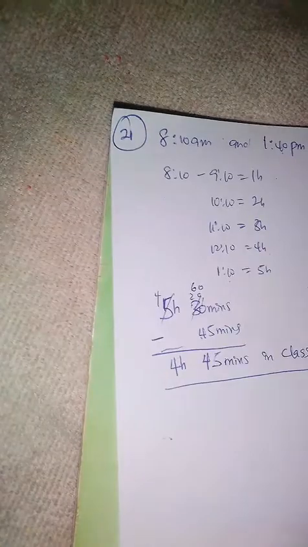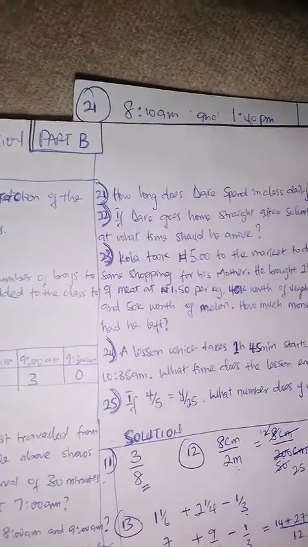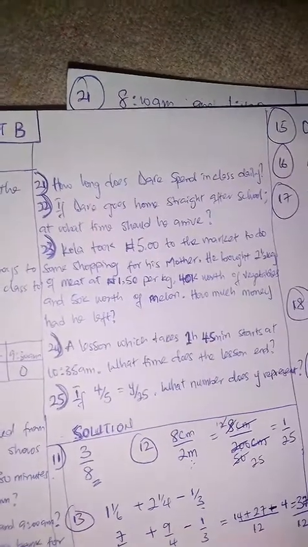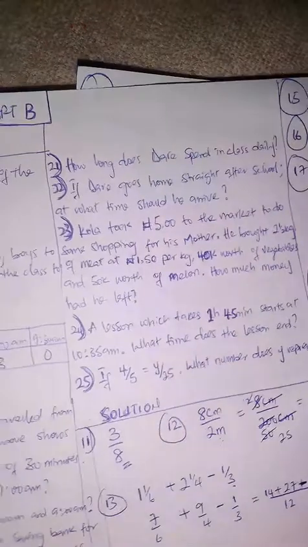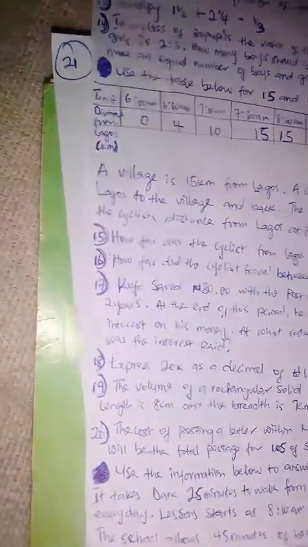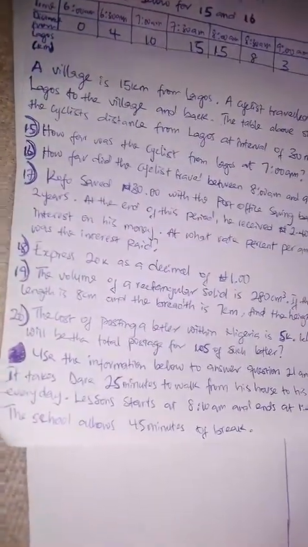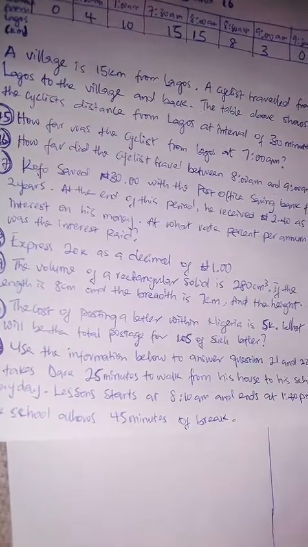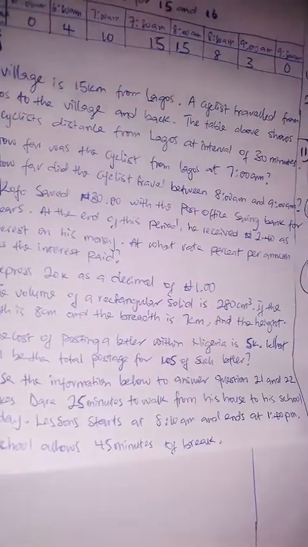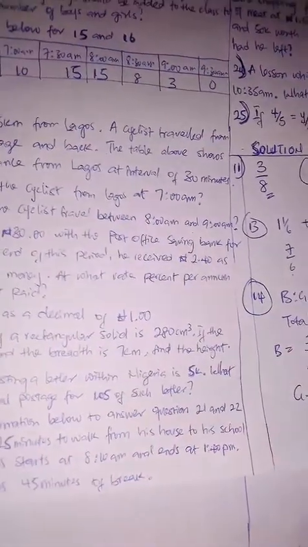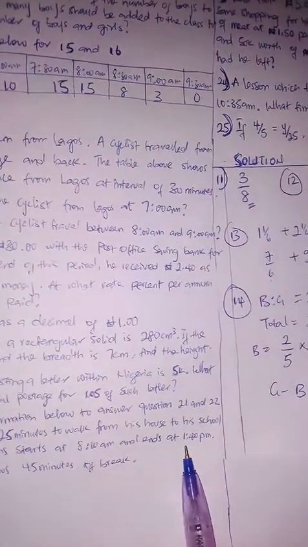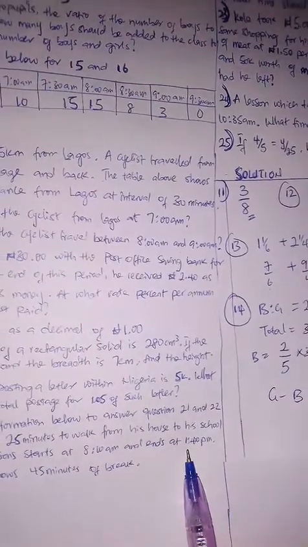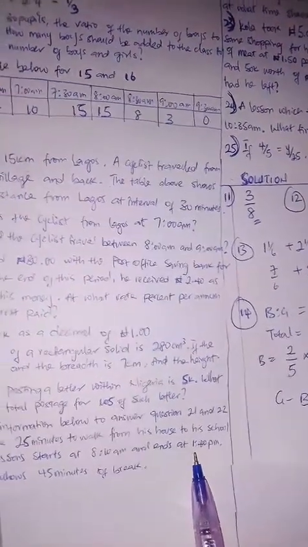Okay, exactly. Now number 22 question says: If Dari goes home straight after school, what time should he arrive? From the question we saw that it takes him 25 minutes to walk from his house to school. Now if he goes home straight after school, since he ends his class by 1:40 p.m., I'm going to add 25 minutes, which is spent from his school to his house.